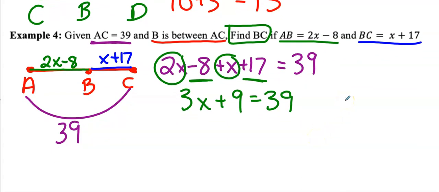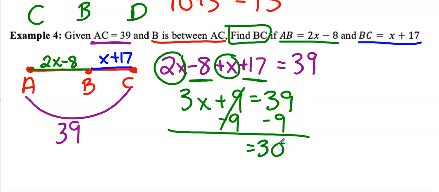Okay? Next, you're going to minus 9 on both sides. Cancel. 39 minus 9 is 30. 30. Y bring down 3x. Last step is to divide. Dividir. 3, so aquí says 30 dividir 3 is 10.